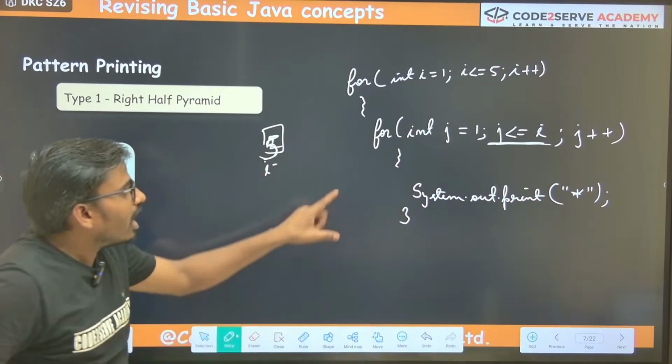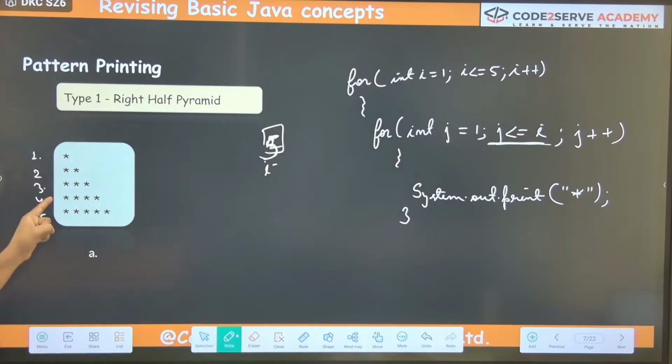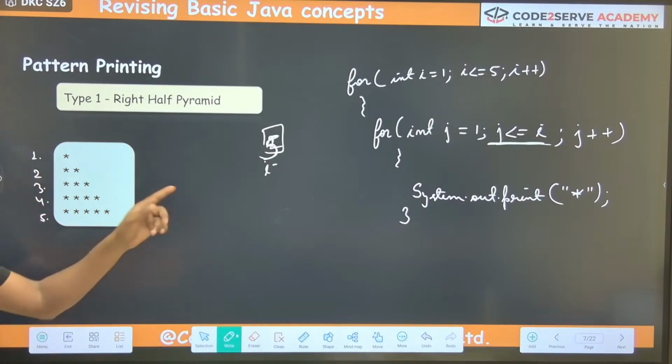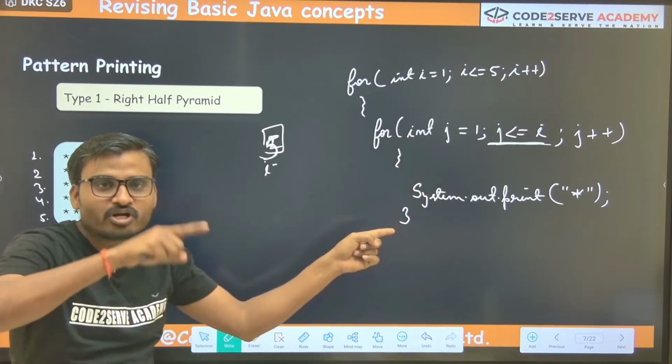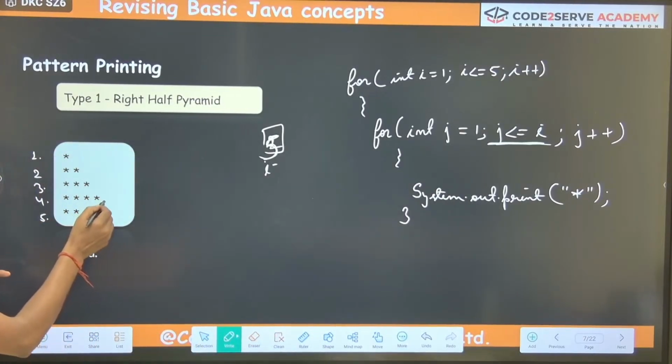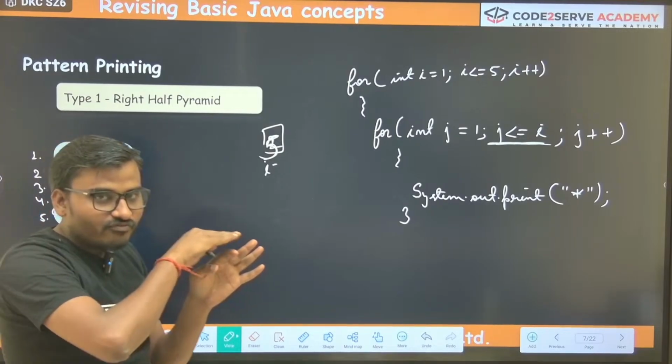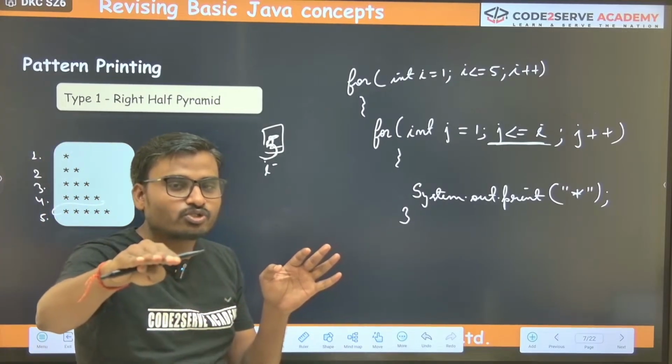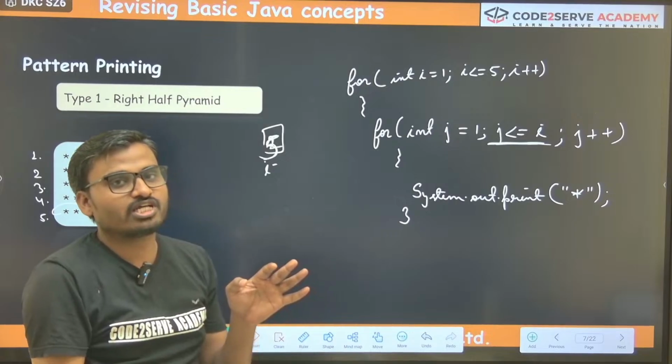Now you see, after printing, suppose you were in row number 4. You will print a star 4 times. When this loop executes 4 times, 1 star, 2 star, 3 star, 4 star, then you change the line. Means after completing the execution of one row, you change the line.